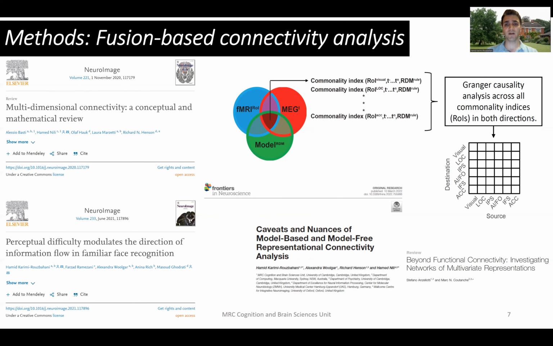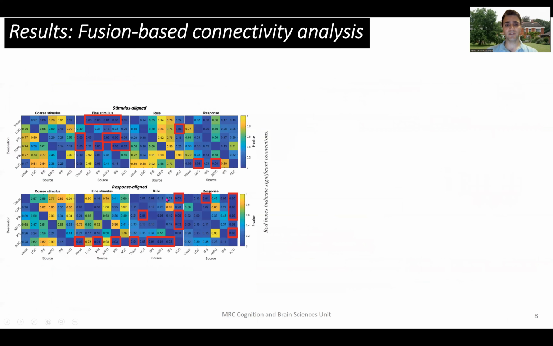potential connectivity between areas. So you can see here that we have evaluated information transfer from any source area to any destination area. We have all our 6 regions of interest, and we checked whether there was any information transfer from source area to destination area for the 4 aspects of information which we were interested in, along the stimulus onset time and response time.